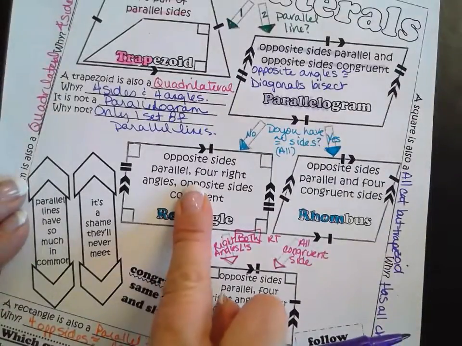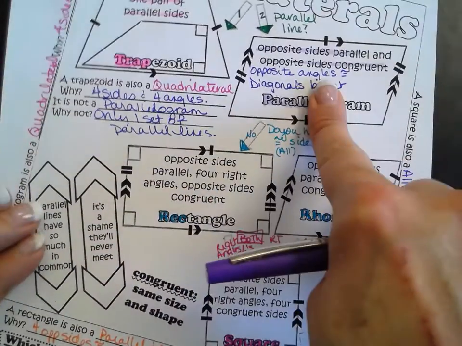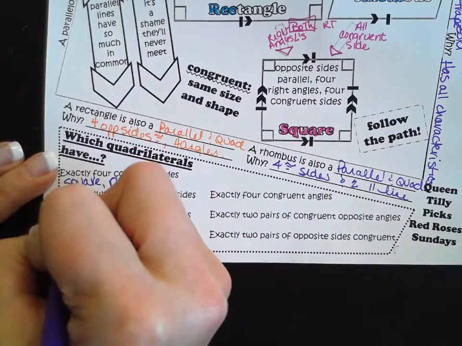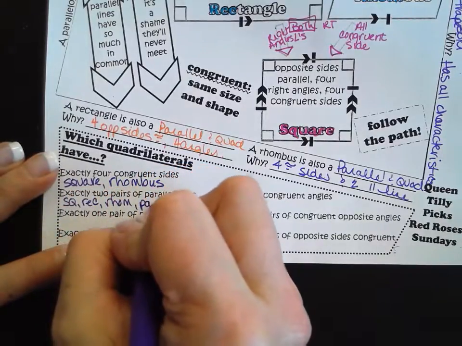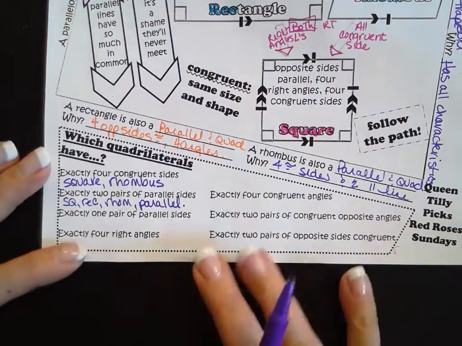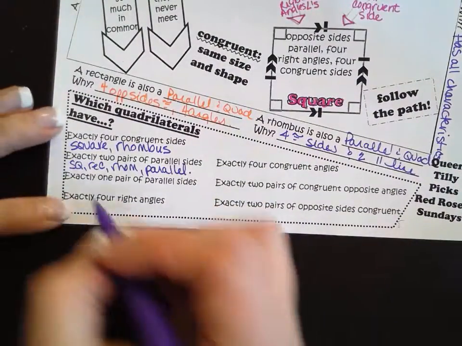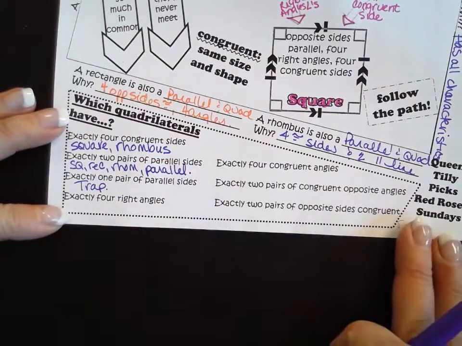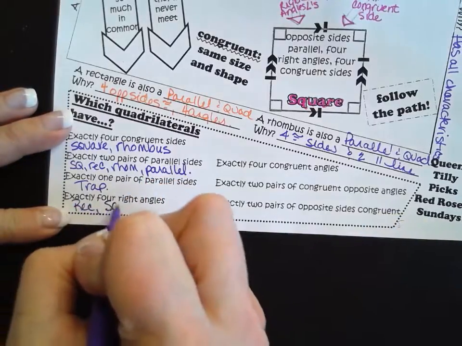Square, rectangle, rhombus, parallelogram. Okay. Which one has exactly one pair of parallel sides? Exactly 4 right corners? Rectangle. Rectangle and square.